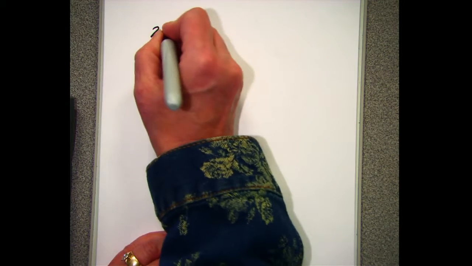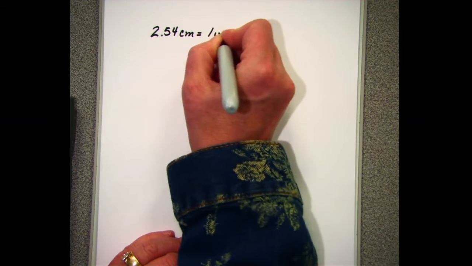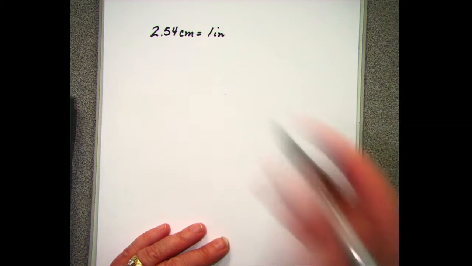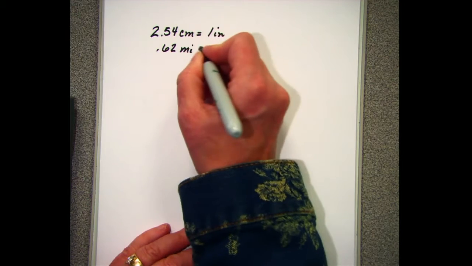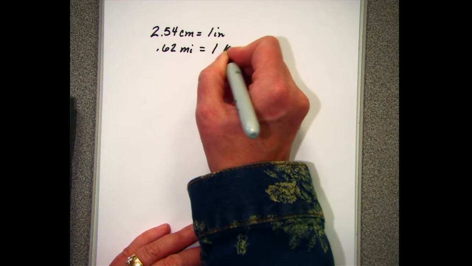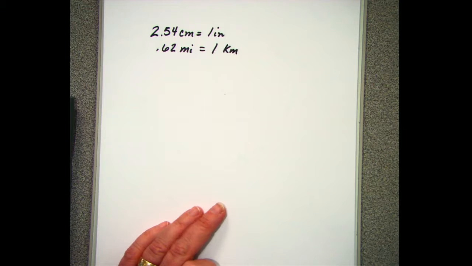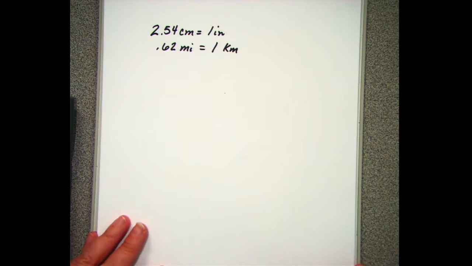I'm going to have 2.54 centimeters is equal to 1 inch. I might put on 0.62 miles is equal to 1 kilometer. I might have a couple of those just in case I throw you some curveballs in terms of doing a conversion, because you're likely to see a conversion on the test.